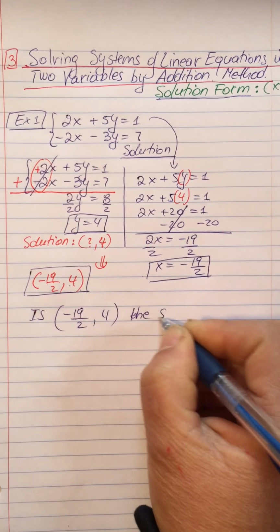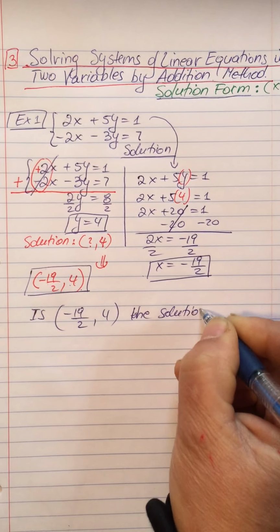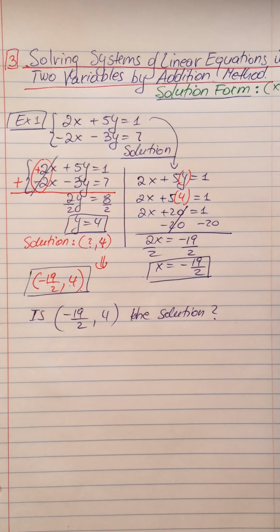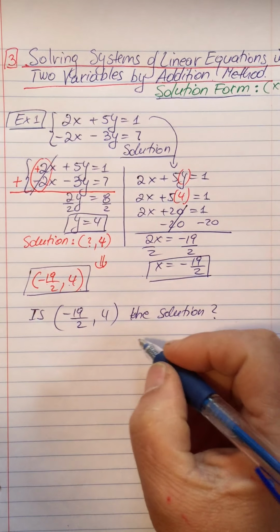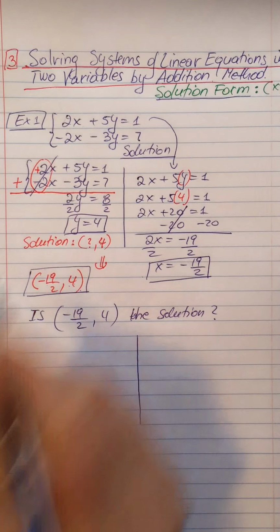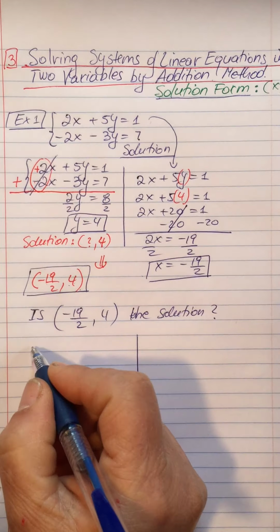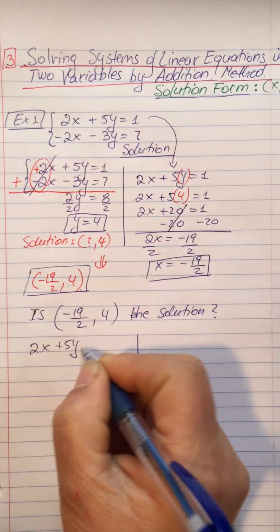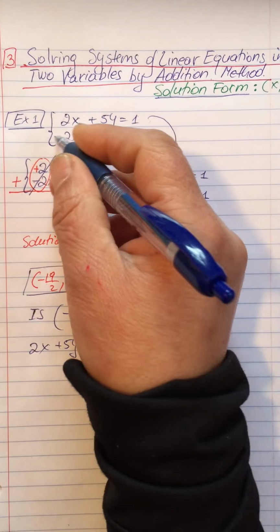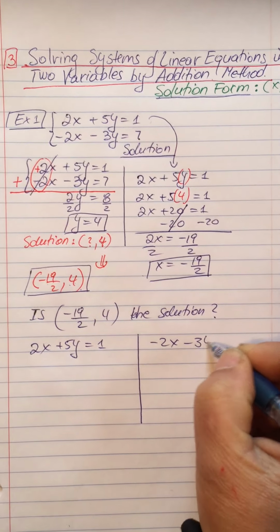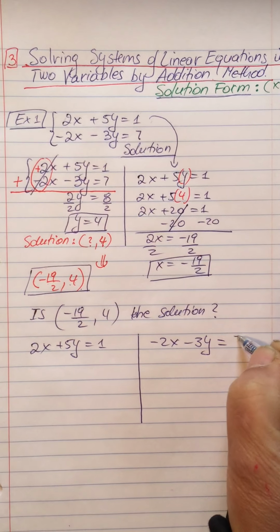So I'm writing this solution because it is the only one. Is this the solution? To find the answer, I have to write both equations of the system. So 2x plus 5y equals 1. And the other equation is negative 2x minus 3y equals 7.